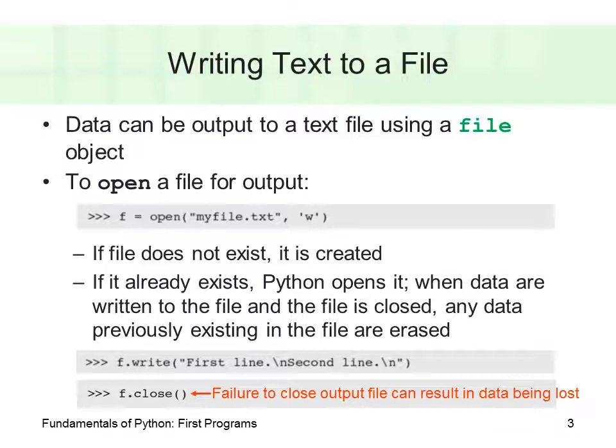Well, in order to write a piece of data to an external medium, relatively speaking, that is an extraordinarily slow operation. And if we waited for each little piece of data to be written, it would slow down the computer and we would get nothing done.